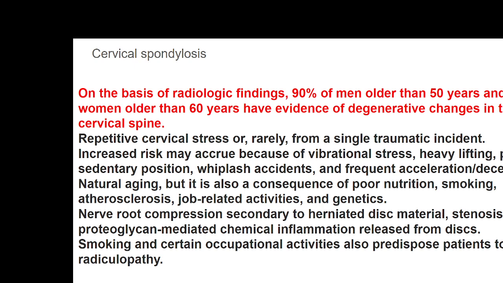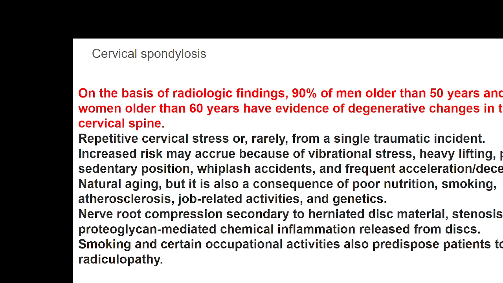Vibrational stress in the sense, patients who have an occupation where there is a severe vibration of the neck area, like driving a vehicle and so on, heavy lifting, prolonged sedentary position, whiplash accidents where the neck is stretched, and frequent acceleration or deceleration, sudden acceleration or sudden stoppage in a vehicle.